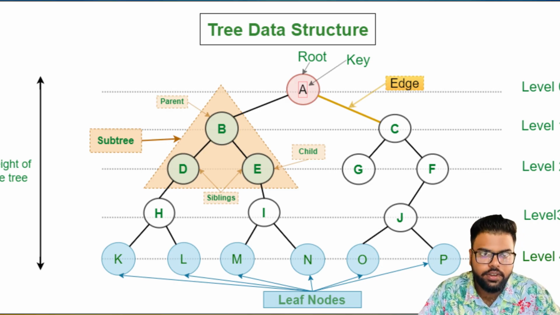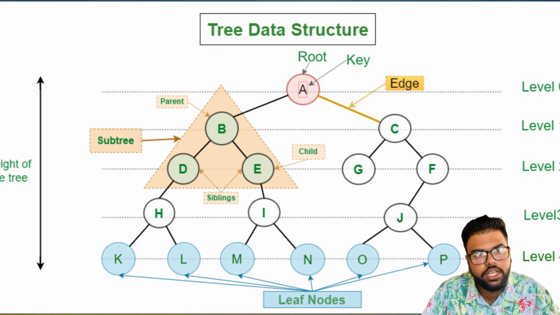The tree structure has many components: root node, edges, children, subtrees, leaf nodes, levels, a lot of components. I will show a simple tree structure. Look at this image, you can get a superb idea about tree structure and tree components.